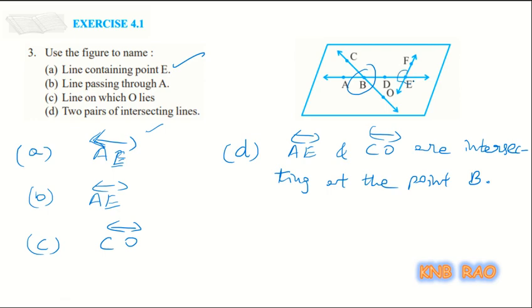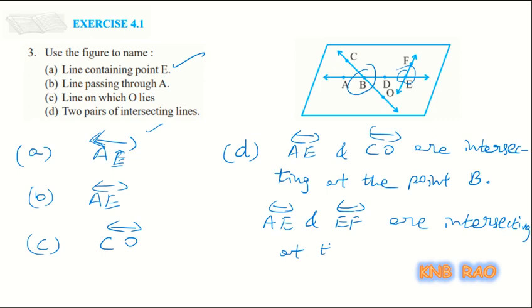At E, line AE and line EF are intersecting at the point E. So, these are the two intersecting lines as shown in figure. So, this is question number 3.